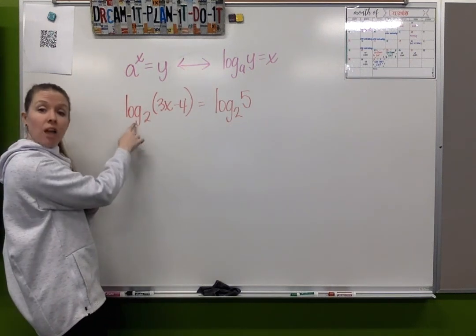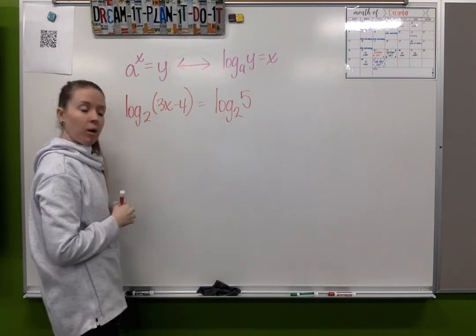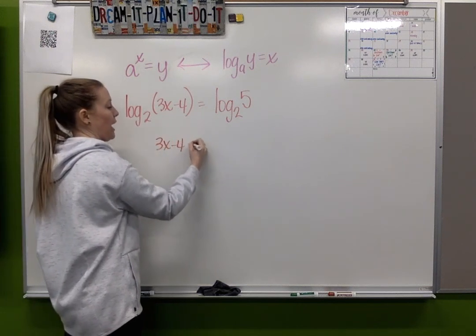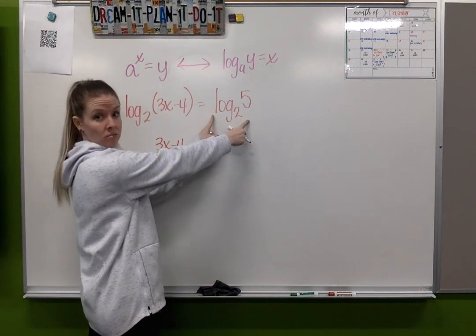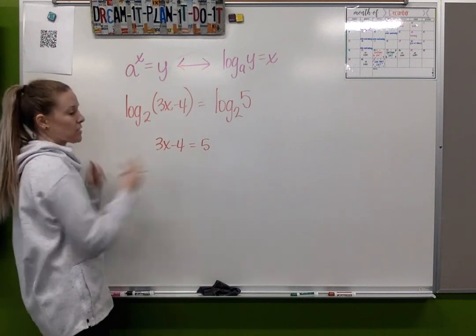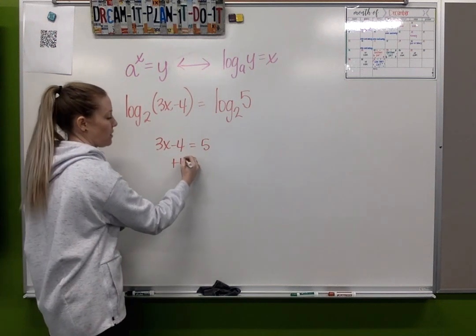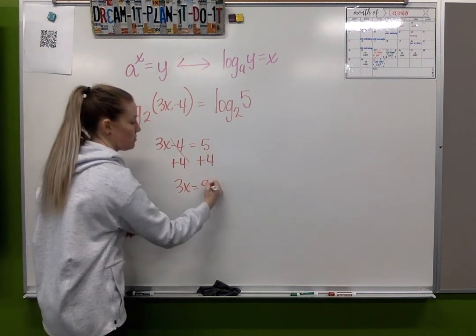So if I have a log that equals a log, well, then 3x minus 4 has to equal 5. If the log equals a log, the insides have to be equal. So 3x minus 4 equals 5. Solve for x. So I'm going to add the 4 over. So I get 3x equals 9.